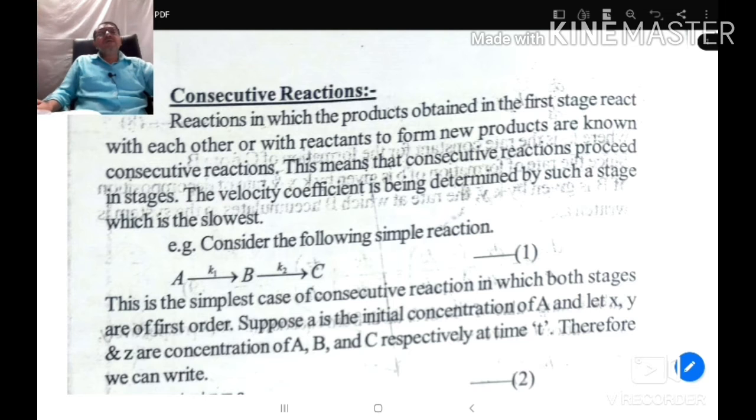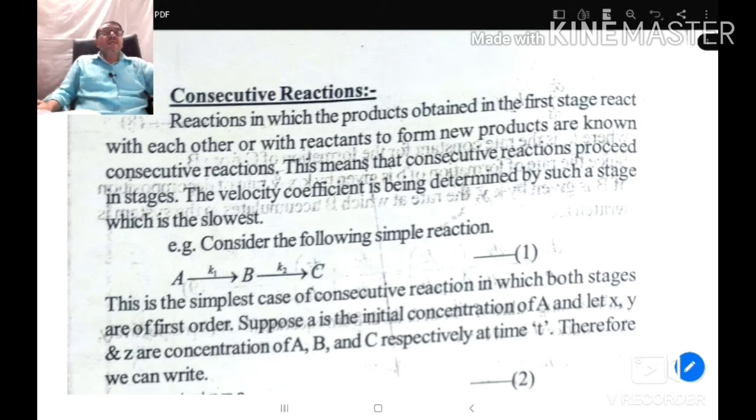For example, consider the following simple reaction: A converts into B, which converts into C. The conversion of A into B is by the rate k1, and the conversion of B into C is by the rate k2, represented in the reaction and labeled as equation number 1. This is the simplest case of consecutive reaction in which both stages are of first order.